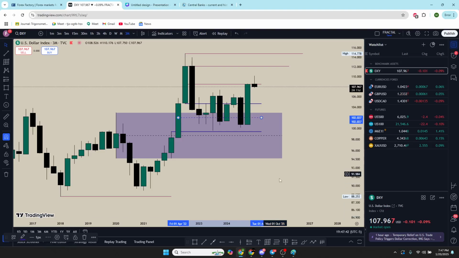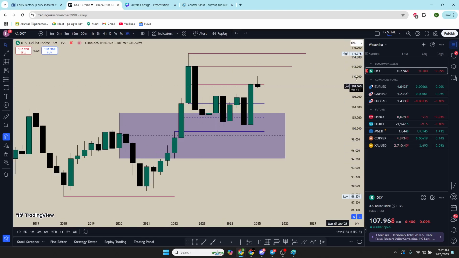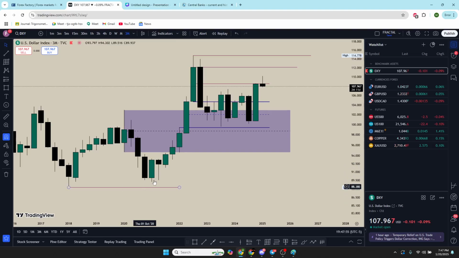All right, so we have an imbalance and a mitigation block, and we stayed above it. So overall, we're still bullish on dollar. We didn't take out this low, so it's a low, high, failed to create a lower low. So then when we break it, we create a mitigation block. We mitigated it.